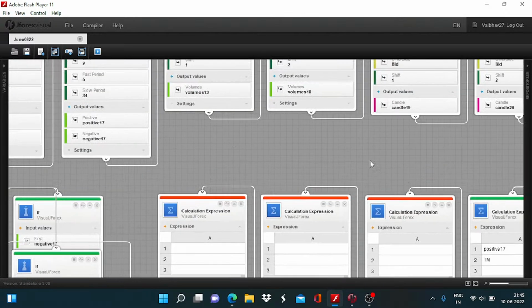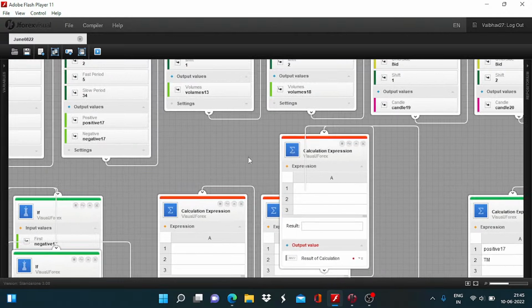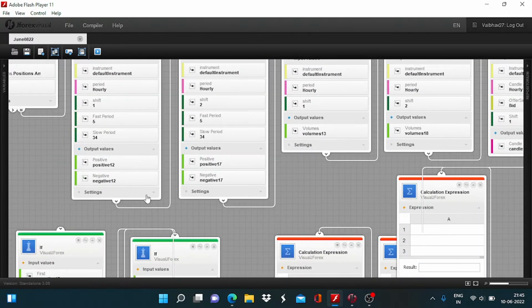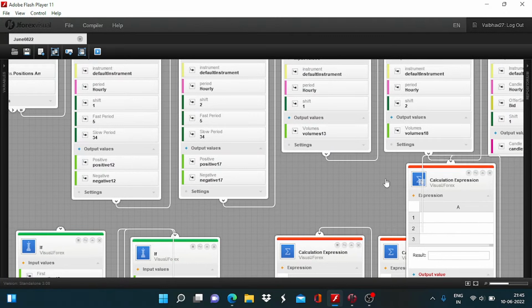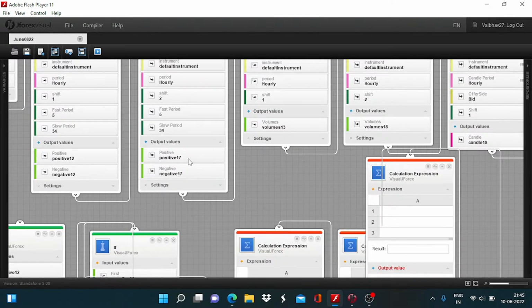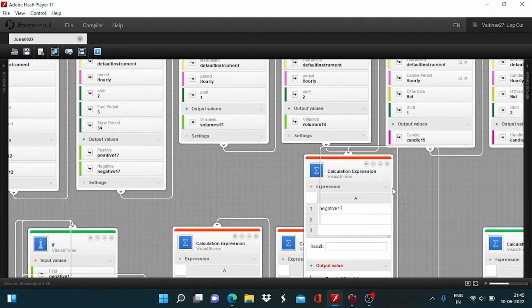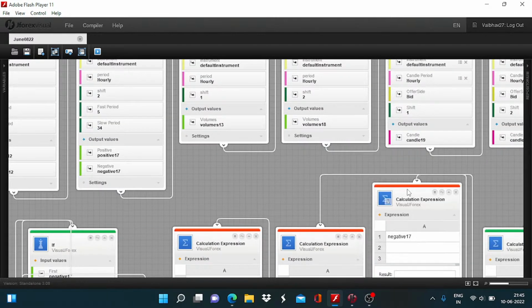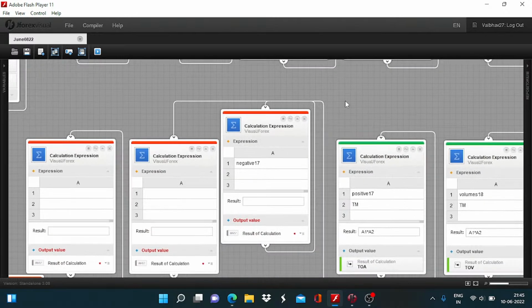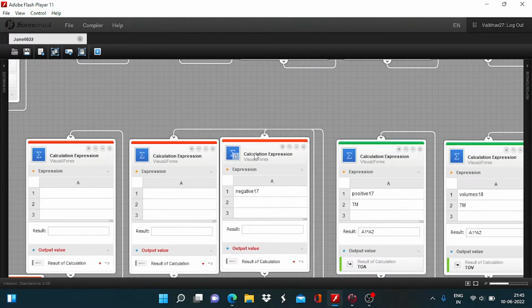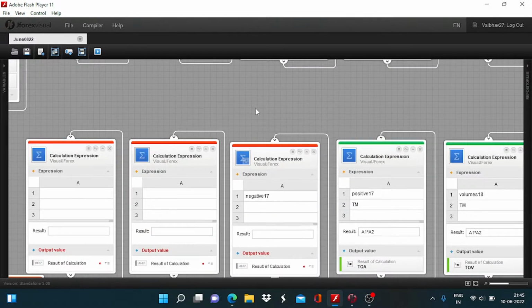Now let's do the actual calculation, and we need negative 12 to be twice of negative 17 or more than that. So I am going to multiply negative 17 with 2. We had defined the TM as the variable with start value of 2.